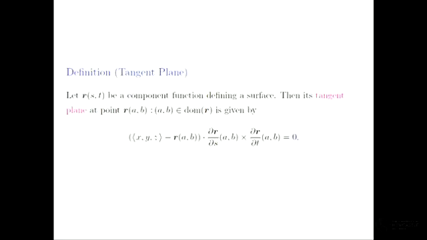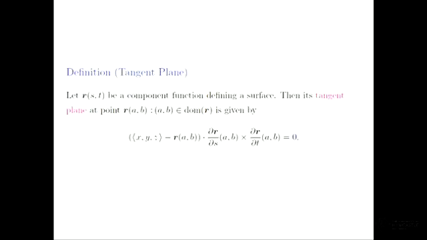The tangent plane is given by all points x, y, z positioned at the point along the surface, dot product with the normal, to give a perpendicular intersection. All right, so what are the things that we need to do?